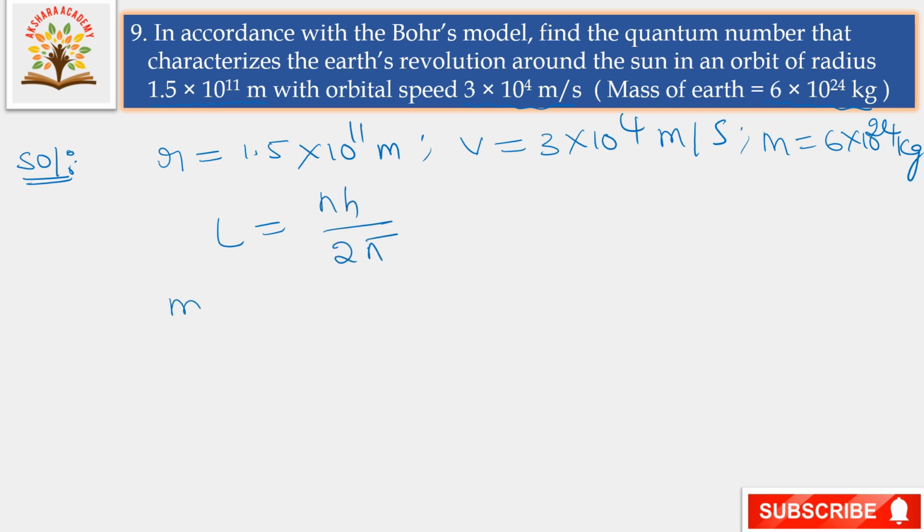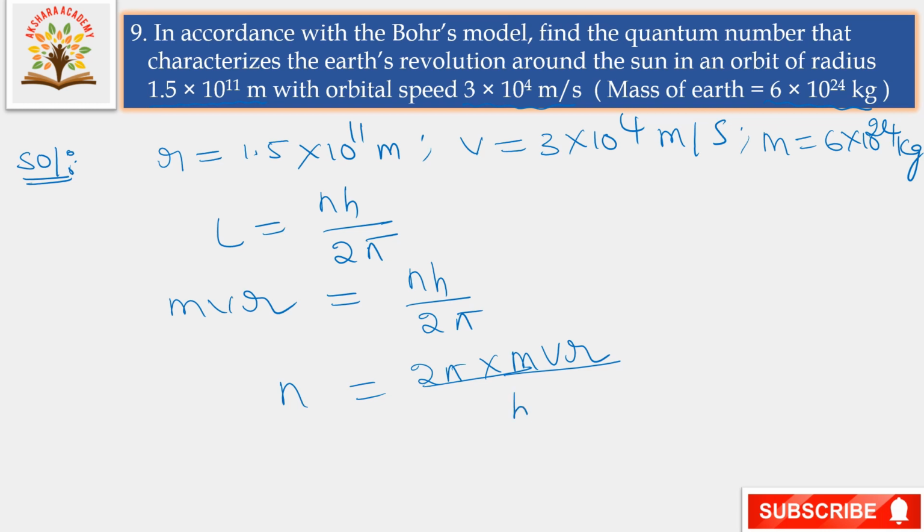L is nothing but mvr, which is equal to nh by 2 pi. So from this n is equal to, taking cross multiplication, 2 pi into mvr by h.